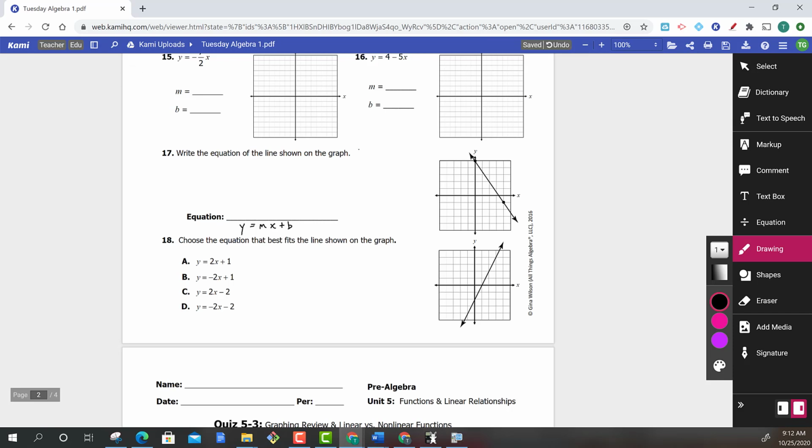We need to find the slope, and we need to find the y-intercept. One of those things is super simple to find. That's the y-intercept. The y-intercept is right there because that's where it crosses the y-axis. So that is 0, 5.